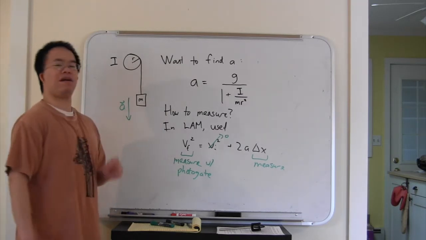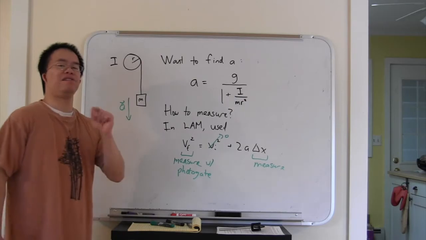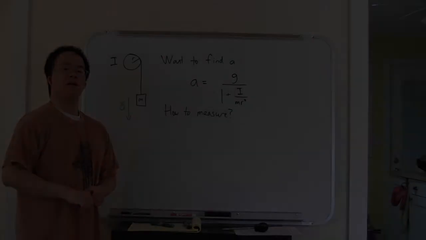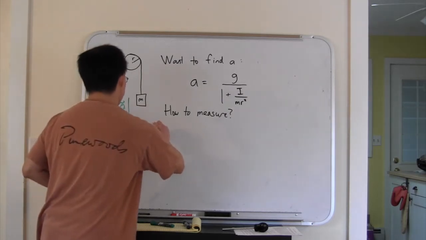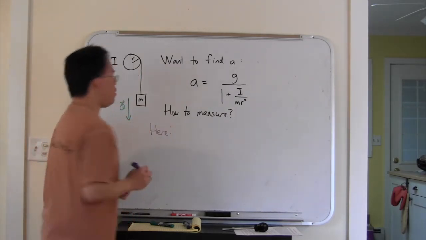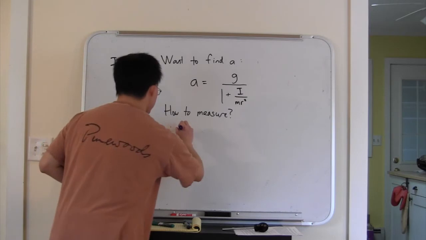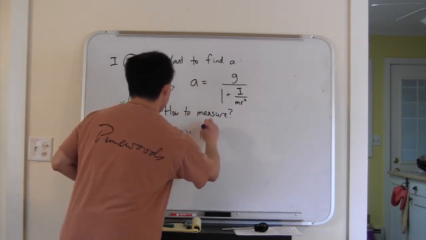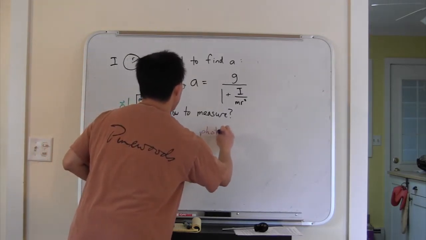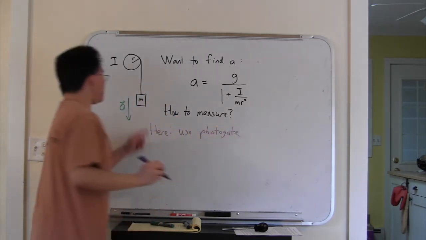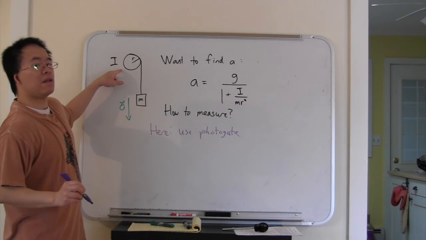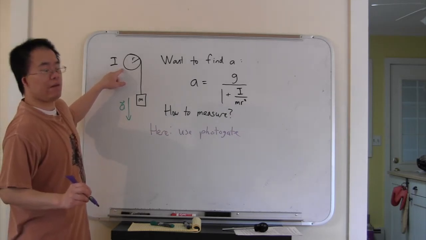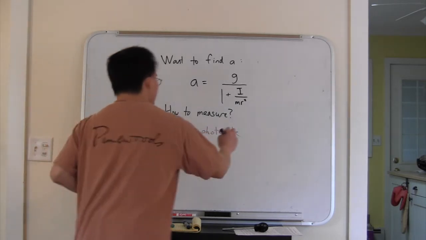So instead, what we're going to do here is the following. We will use our photogate to measure not the motion of the hanging mass, but the rotational motion of our pulley.